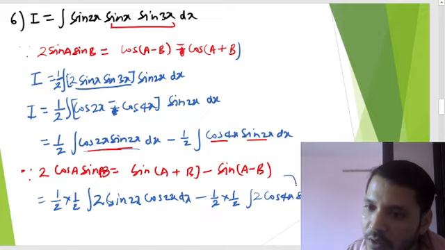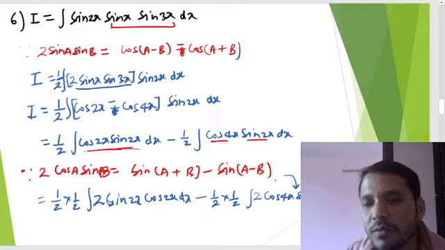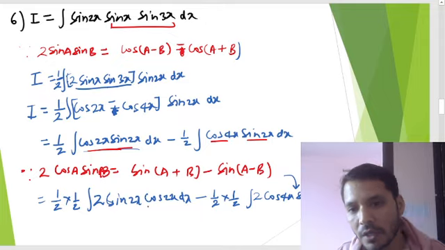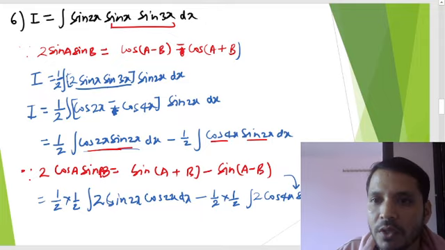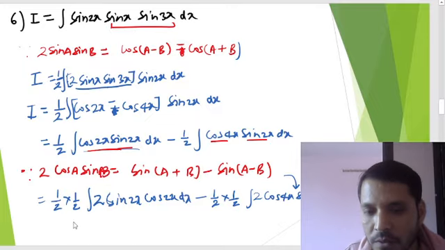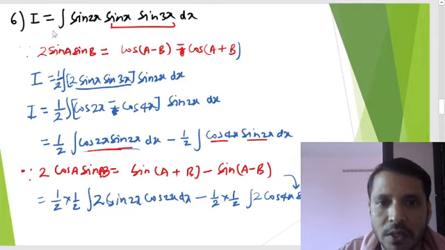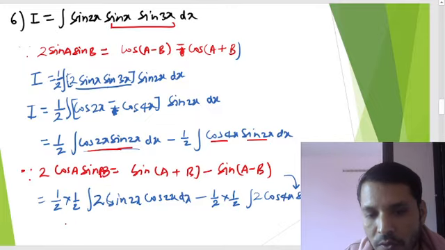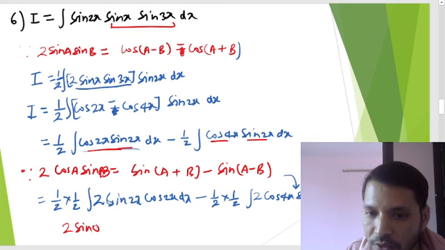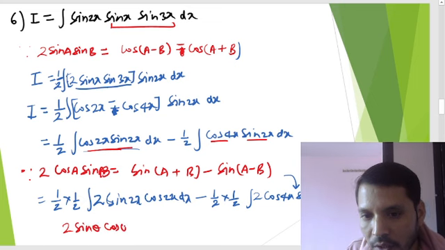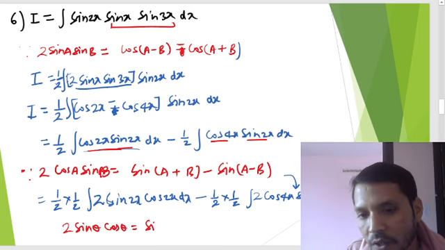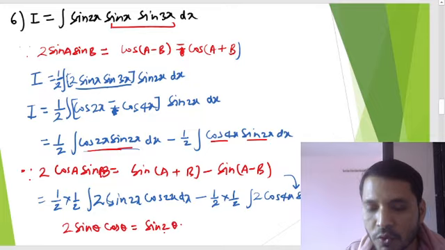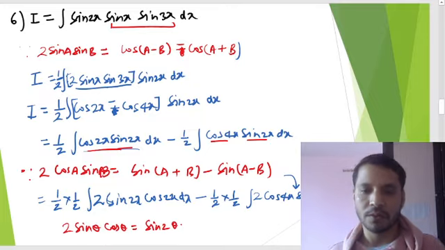In this integration we need to apply this formula, but here we can apply another formula, that is we can apply this one also, but if we apply this simple one it will be easier. Since we know that 2 sin theta into cos theta is sin 2 theta, in both places we are going to apply the formula.